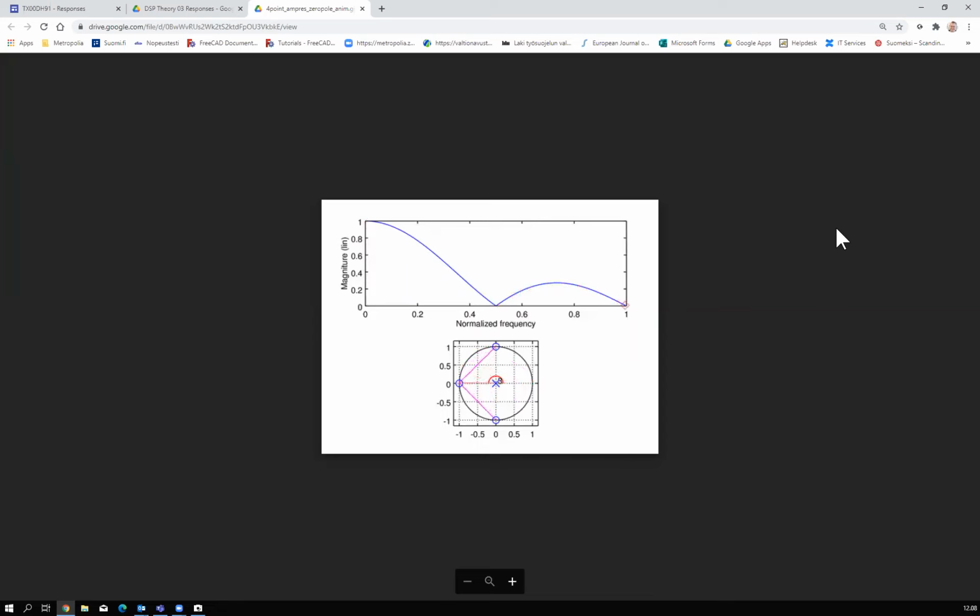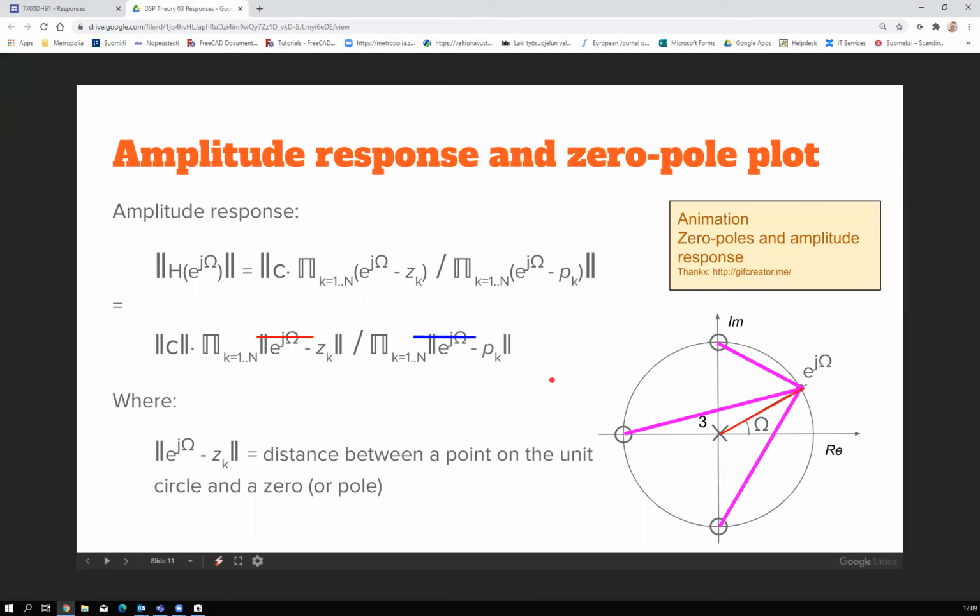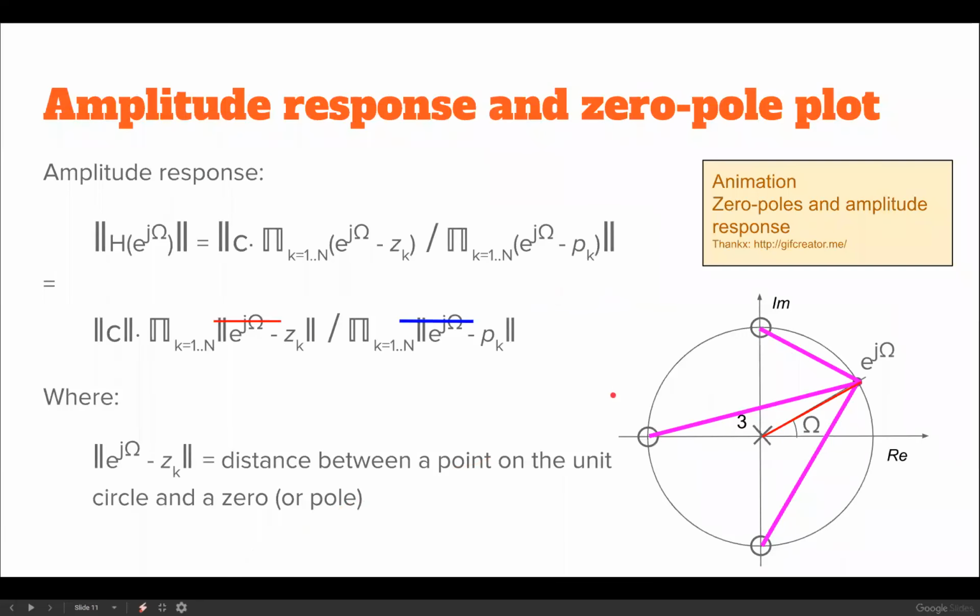On digital systems, usually you show the frequency scale on a non-natural linear scale, but usually the magnitude is shown in decibels. But anyway, that's what happens when you calculate the transfer function, those distances to each point separately. Let's see what happens. Good.